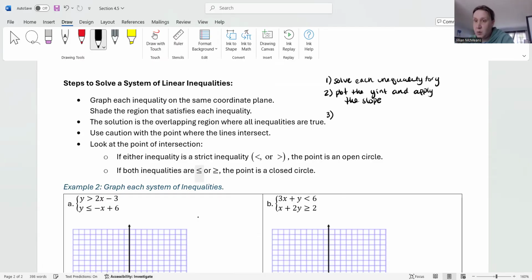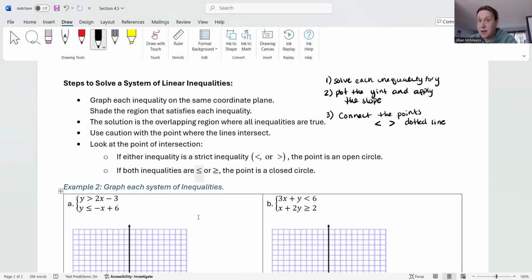And when you're dealing with inequalities, you have to be careful. You want to connect the points, but we have to be very particular. If we have a strict inequality, plain old less than, plain old greater than, we connect with a dotted line. This tells the reader that the points on the actual line are not part of the solution set.